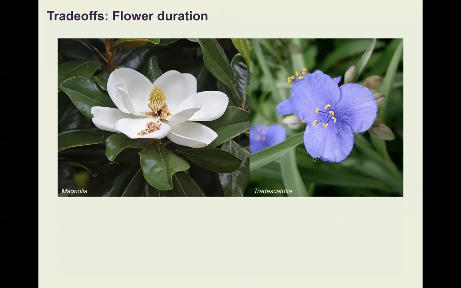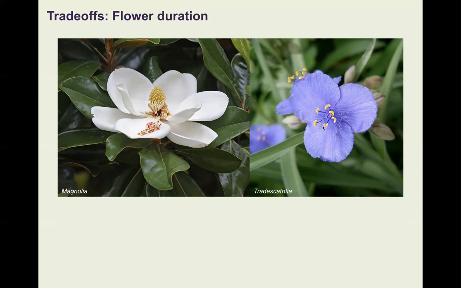Other plants, by contrast, this one is kind of notoriously short-lived, just a few hours on this spiderwort plant. And as you feel the petals, you can just tell they're delicate. As soon as this plant is too hot, the heat of the afternoon sun is too much for it, and the petals just start withering up.